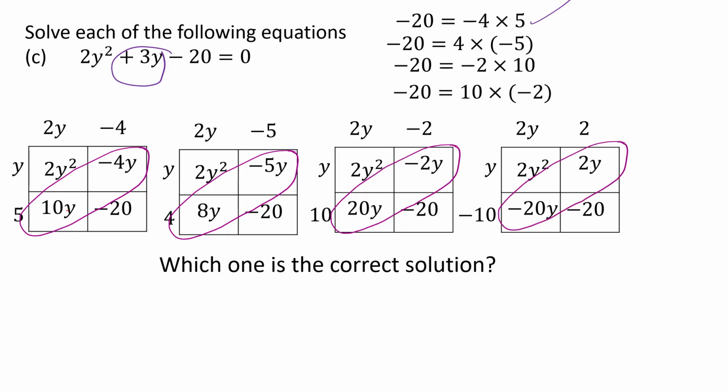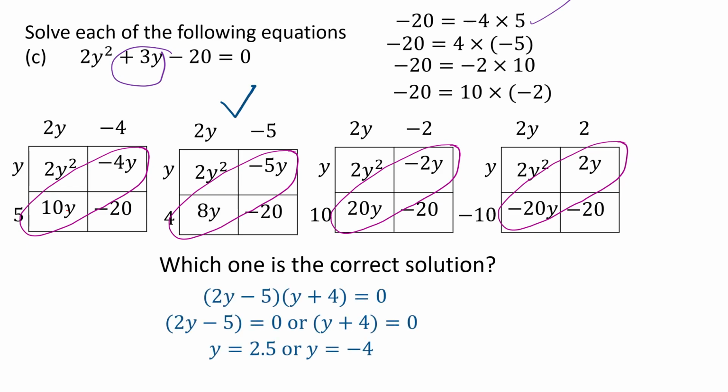If you work it out, 10y minus 4y gives you 6y, 8y minus 5y gives you 3y, 20y minus 2y gives you 18y, negative 20y plus 2y gives you negative 18y. So which one is the correct answer? Yes, this will be your correct answer.